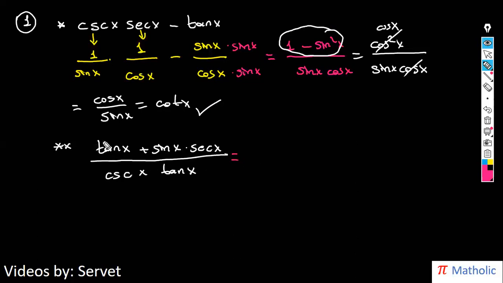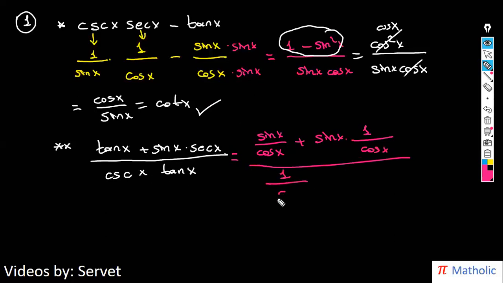So let's start from the numerator. Tangent can be written as sine over cosine. Sine times 1 over cosine. Over cosecant is 1 over sine times tangent is sine over cosine. We can cancel out sine x.